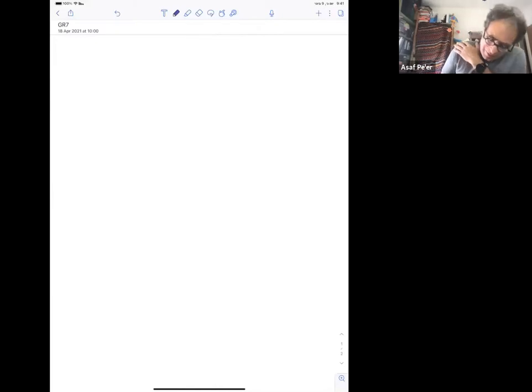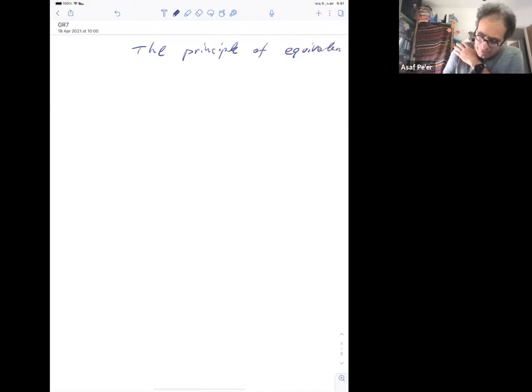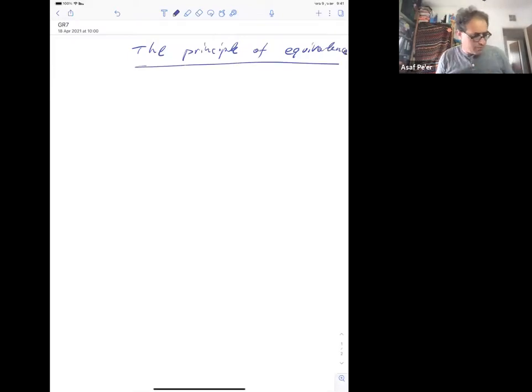Okay, so we're speaking about the principle of equivalence. We started with the experiment that lies behind it, the Eötvös experiment.